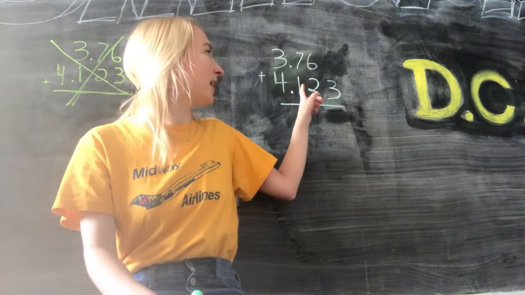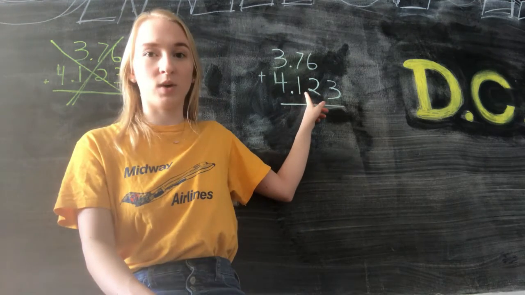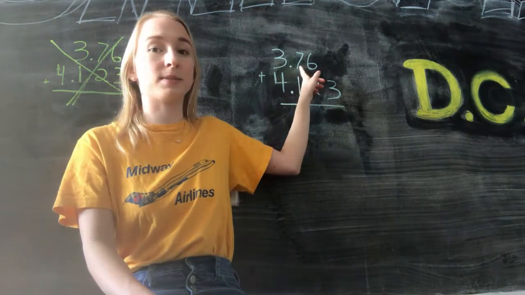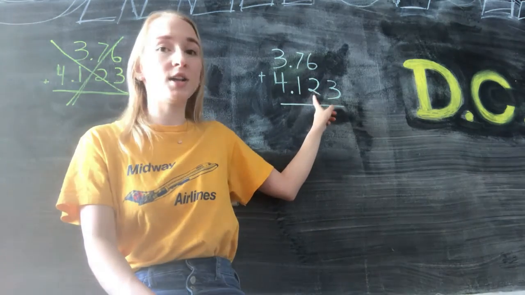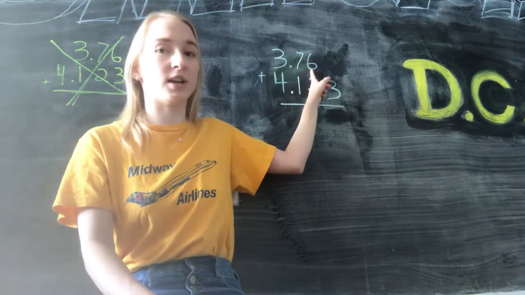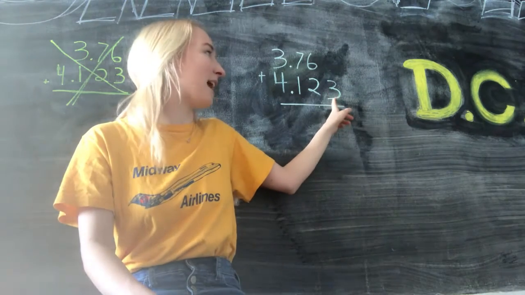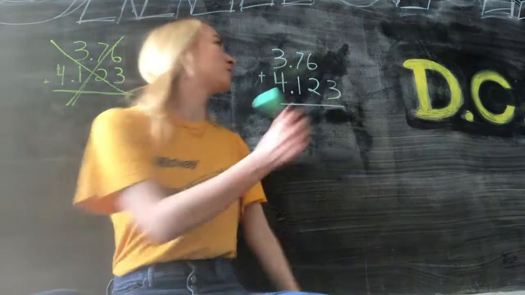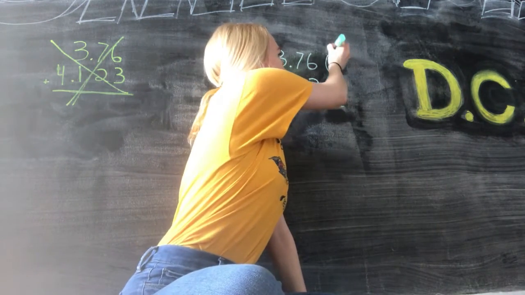So for instance, here the one digit in this number is in the tenths place and it has a partner in the tenths place here. The number in the hundredths place has a partner in the hundredths place here. But when we get to the thousandths place, this 3 doesn't have a partner, so we're going to add that in.